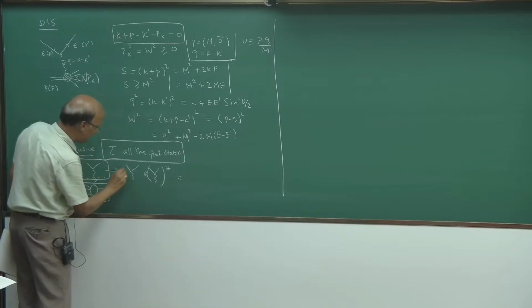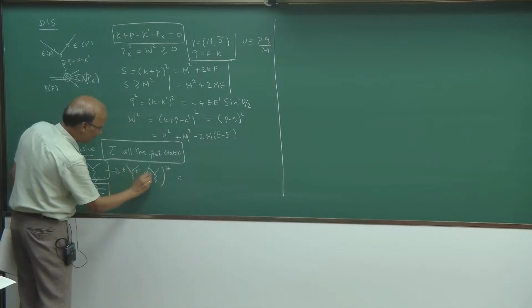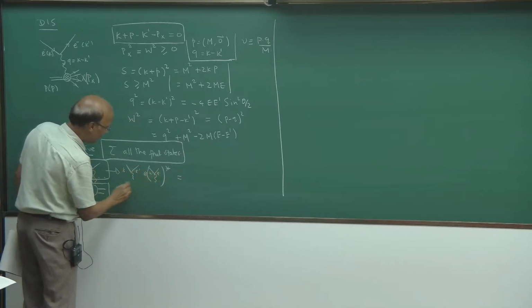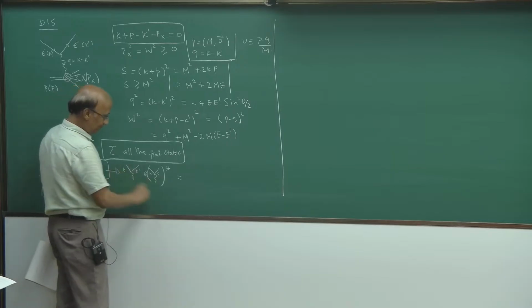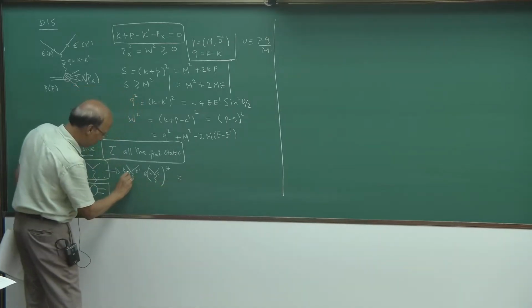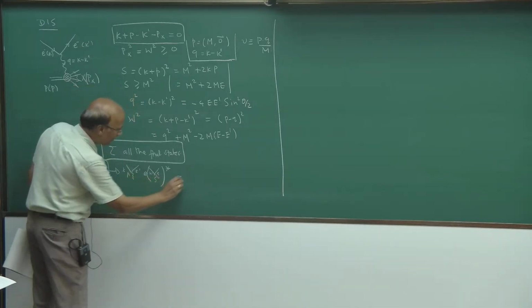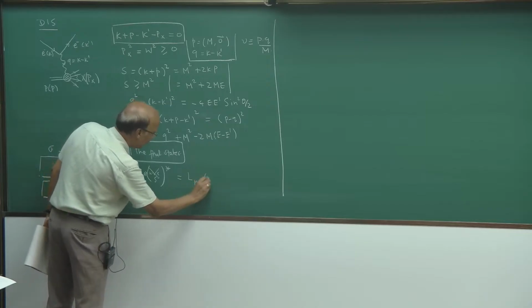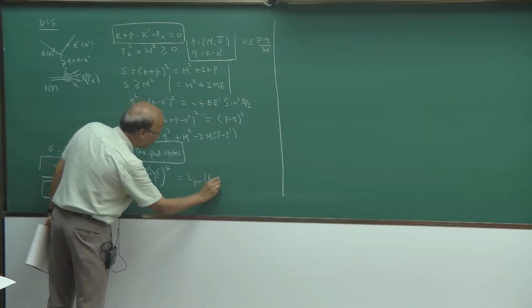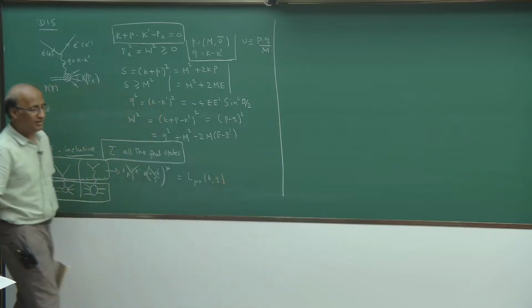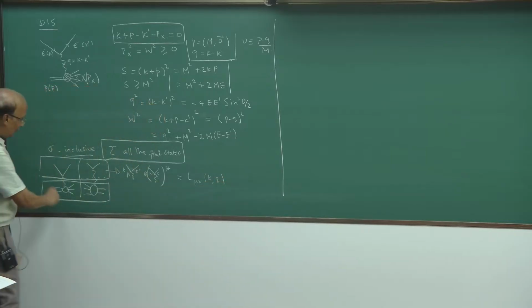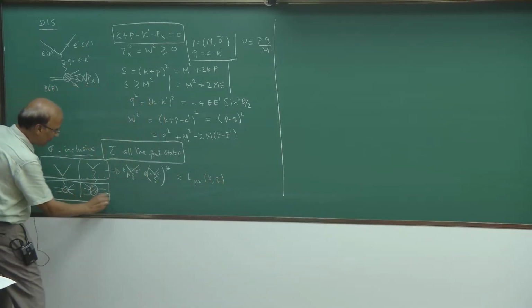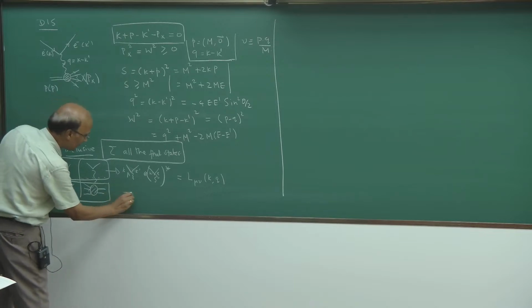Because this is a k, this is k prime, this is k prime, this is k, this amplitude, there is a vertex mu here, there is a vertex nu here, this is called the leptonic tensor. So L mu nu will be a function of k and k prime, you can always write it as k comma q.